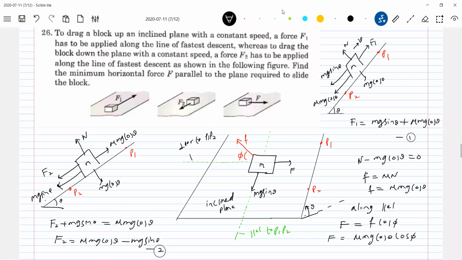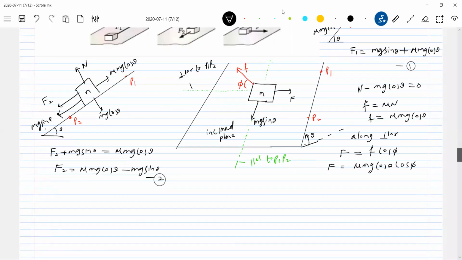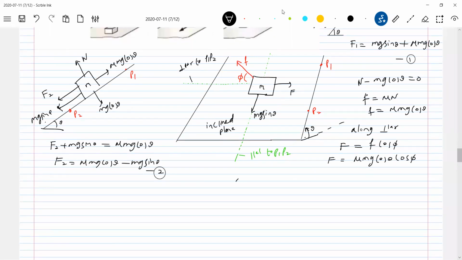And then along perpendicular, F sin phi plus mg sin theta equals mu mg cos theta sin phi.